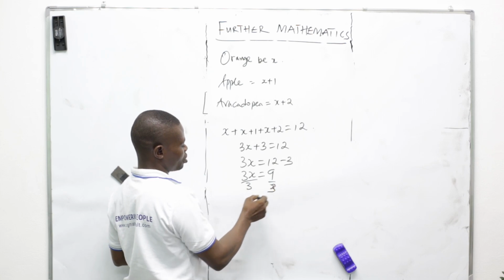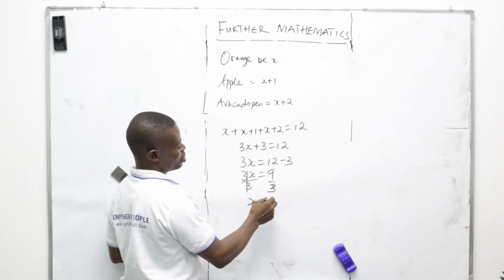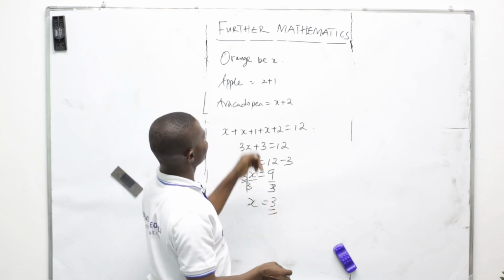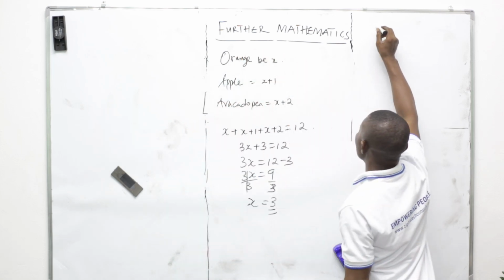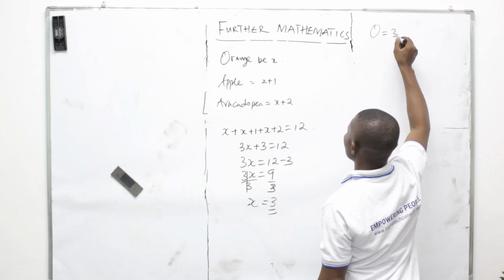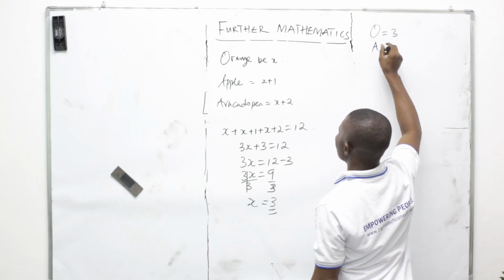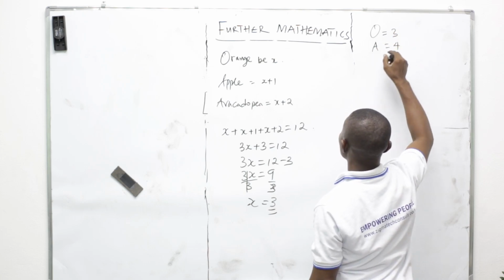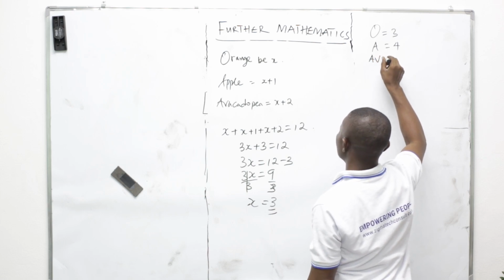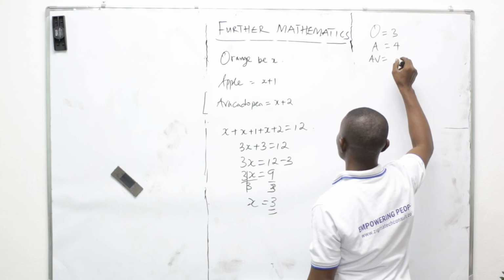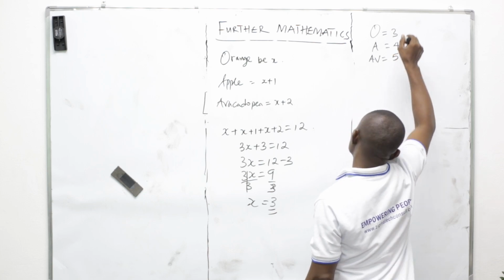S equals 3. Meaning for orange, we have the number for orange now. O equals 3. Apple equals 4. And avocado pear equals 5.